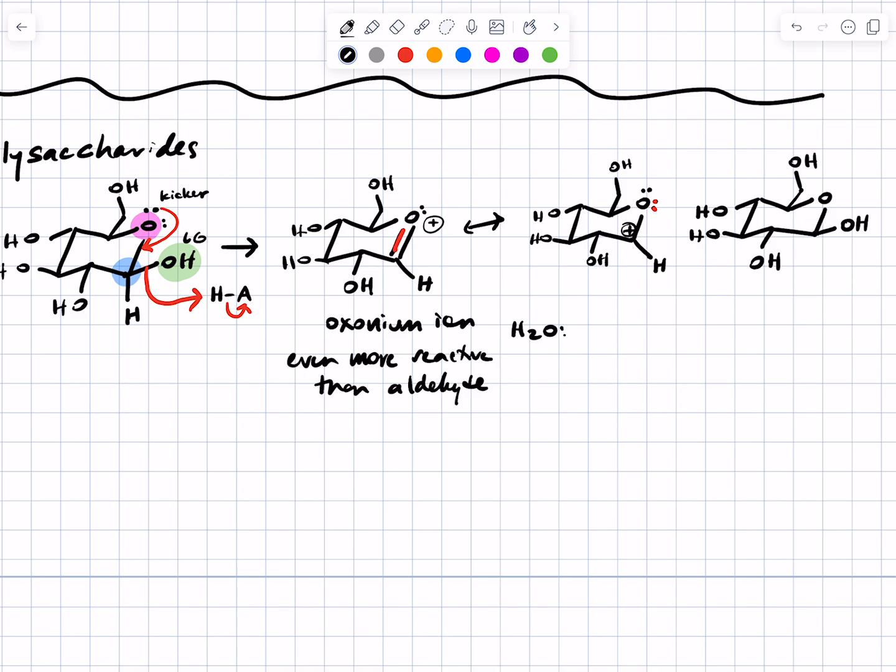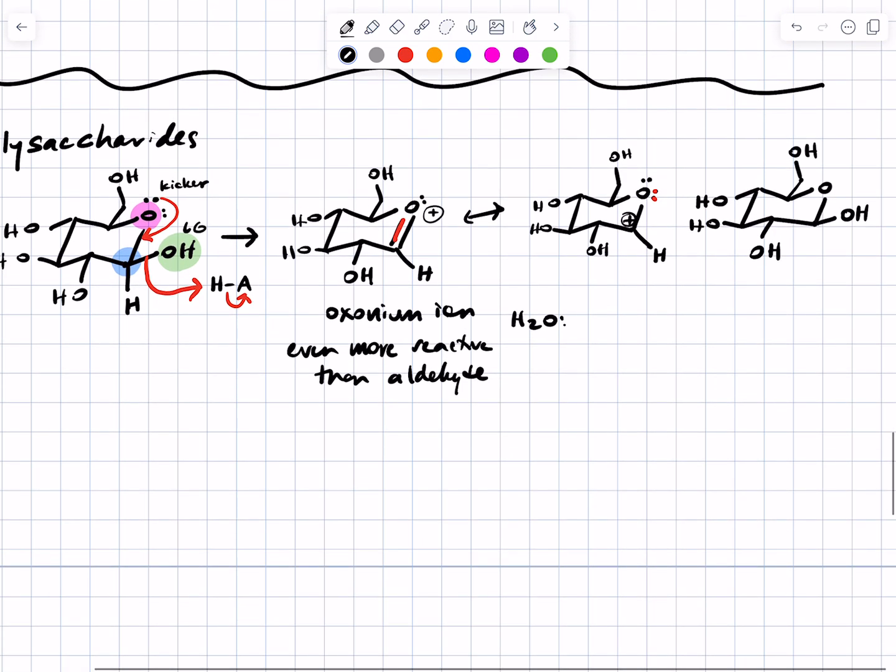Okay, so what if one of the alcohols from another carbohydrate acts as the nucleophile? Let's just pick this one that I'll highlight in purple. Supposing that one acts as a nucleophile.